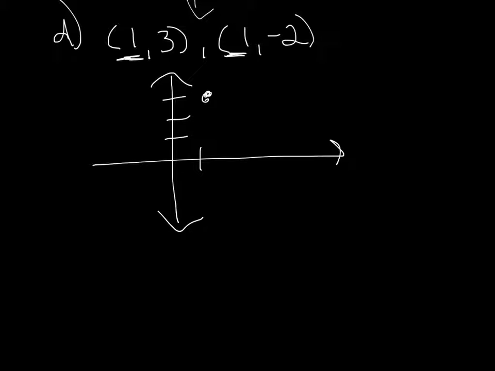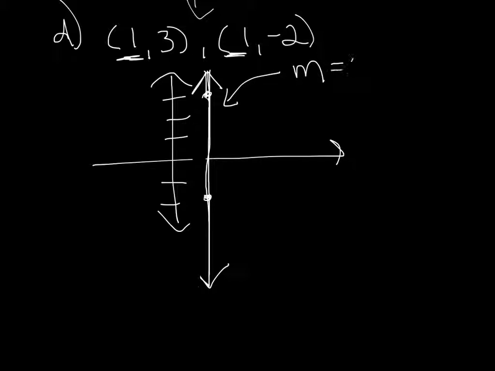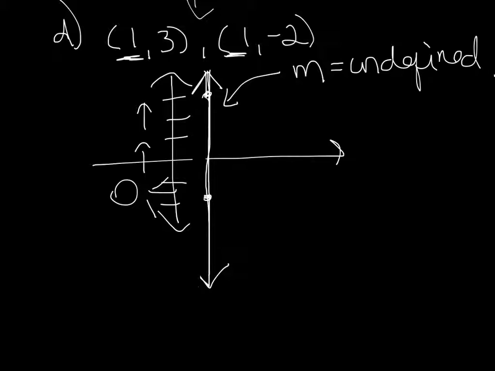If you connect those, this should be a straight vertical line. What's the slope of this line? The slope is undefined. Again, just put yourself on the line. You cannot walk up a wall or even down without hurting yourself.